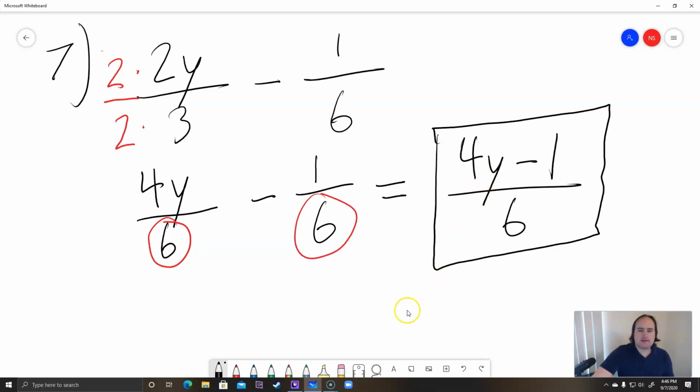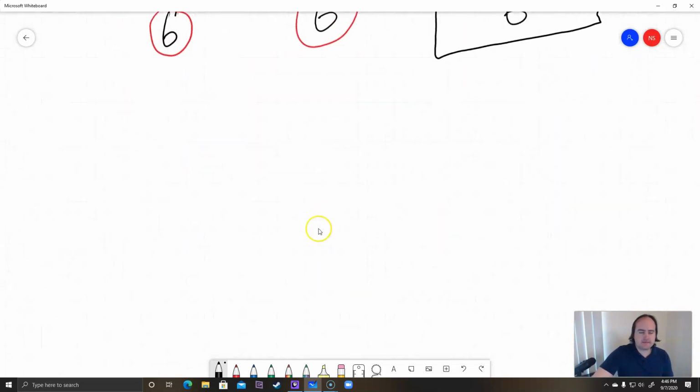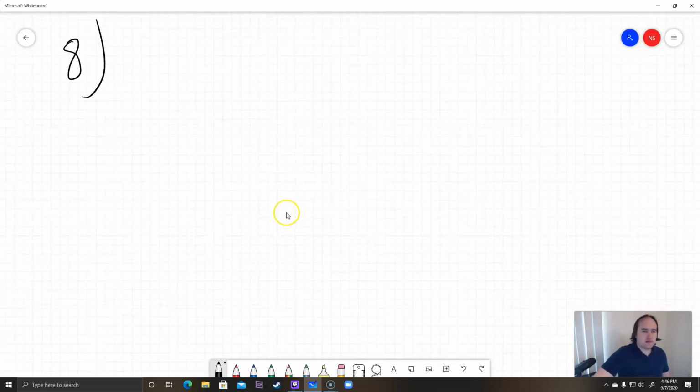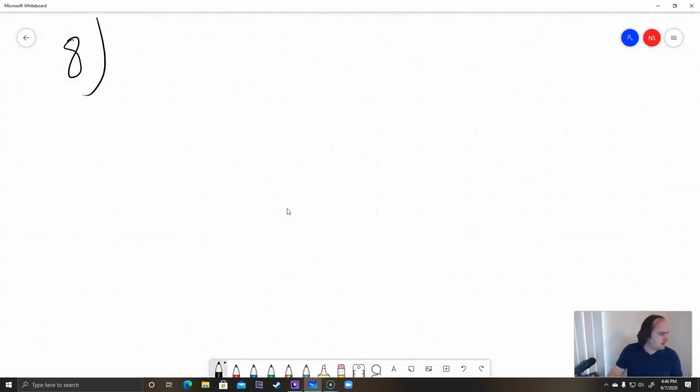Alright, so for our next example, I wanted to do a problem that has a variable in the denominator, just so you can see that, because that's a little bit tricky. Okay, so for example number 8, we have 11 over 12 plus 14 over x.